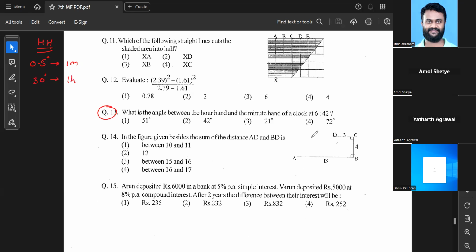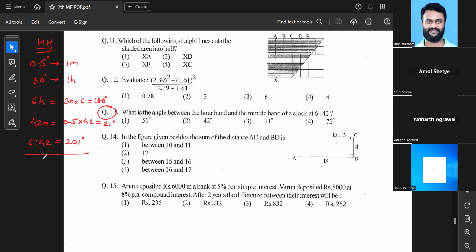So when the time is 6 hours and 42 minutes, for 6 hours it will cover 30 multiplied by 6, that is 180 degrees. For an additional 42 minutes, it will cover 0.5 multiplied by 42, because for 1 minute it covers 0.5, that is 21 degrees. So the total angle covered is 180 plus 21, which is 201.